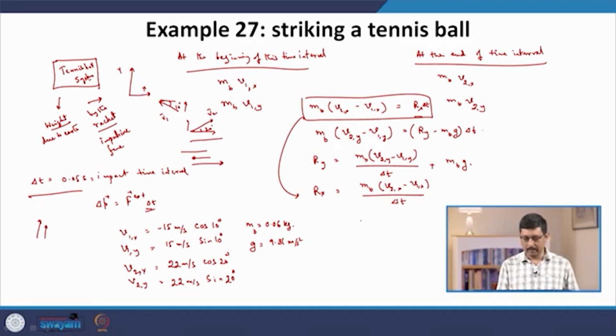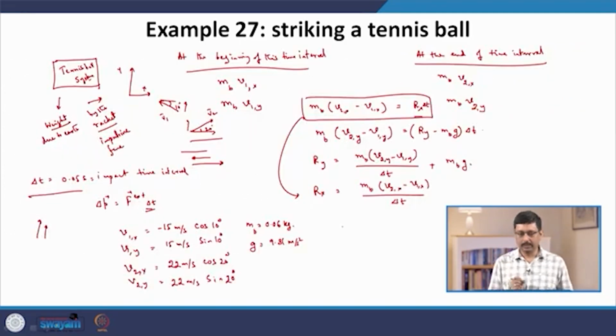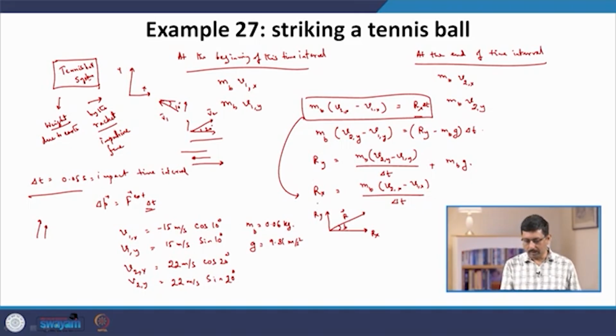Now, once you get this, the second part of the problem asks what is the direction of Rx and Ry. So, here in this case how do I get the direction? This is Rx, this is Ry. Then by the vector law of addition, the resultant of this is the actual force acting in this direction, and this is the angle B. Once we compute Rx and Ry, we can get the magnitude R simply from the components.